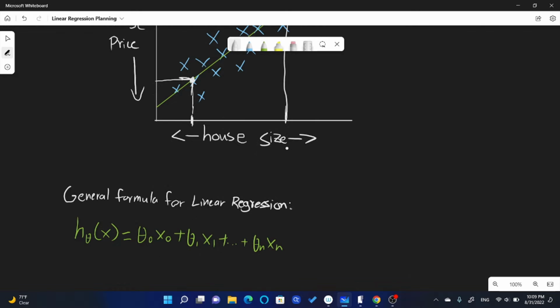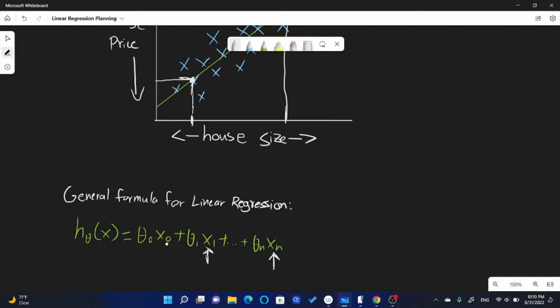House size is a feature. The number of rooms in a house is a feature. Number of fans, number of swimming pools, you get the point. Those are features. Let me write it out real quick. These are features: the x values are features.